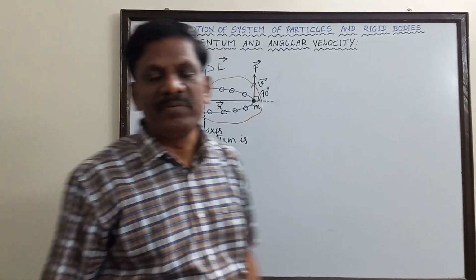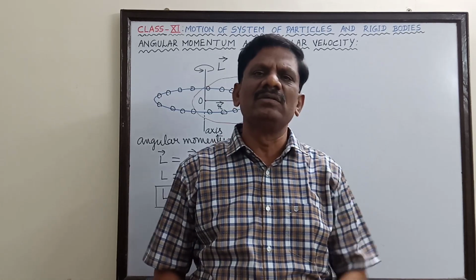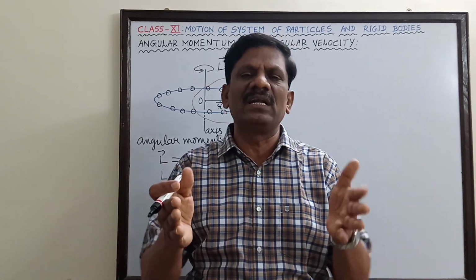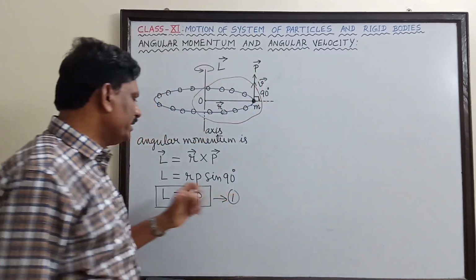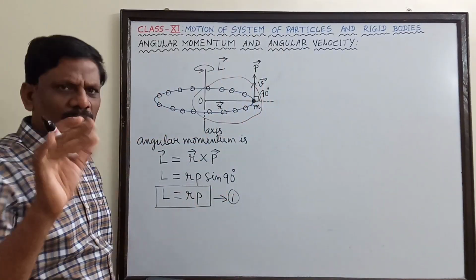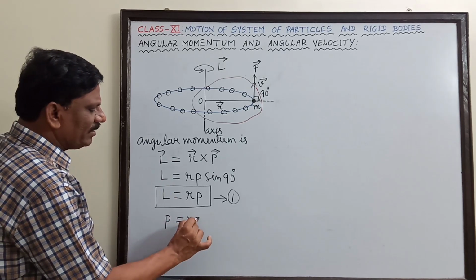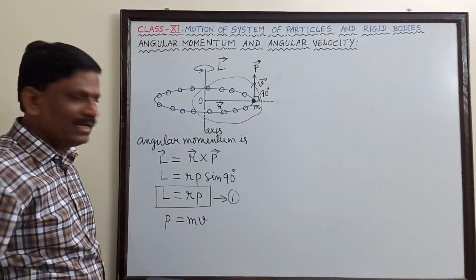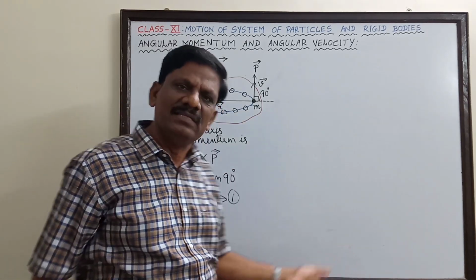Have you understood? So what is the magnitude of the angular momentum? L is equal to the product of the radius vector or position vector and the magnitude of the linear momentum. What is the linear momentum? P is equal to the mass of the point particle into the magnitude of its linear velocity, m v.